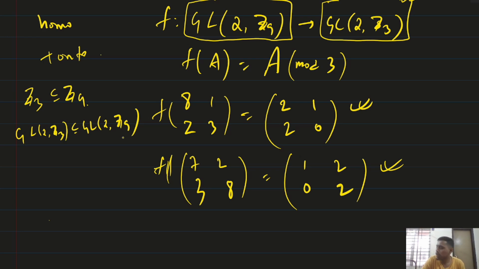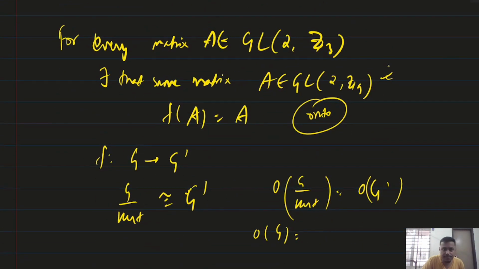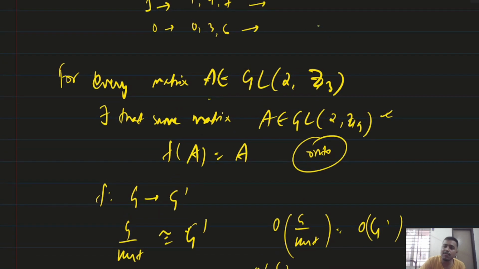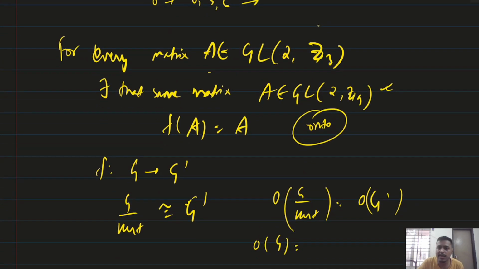So now for onto, what we have to check is that if we take any matrix from the codomain, we will get a pre-image of that matrix, right? So for every matrix A belonging to GL2 of Z3, let us say for example you take the matrix 0, 1, 2, 0. This is a matrix of GL2 of Z3, right?